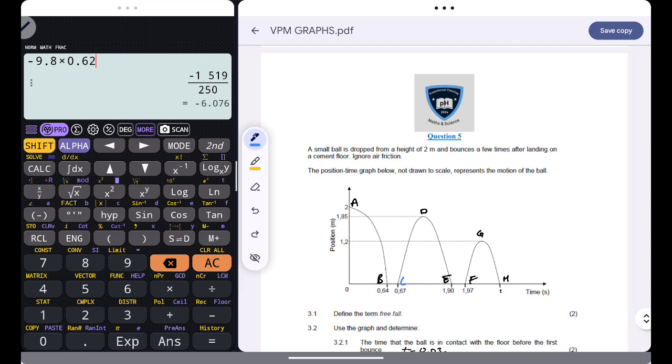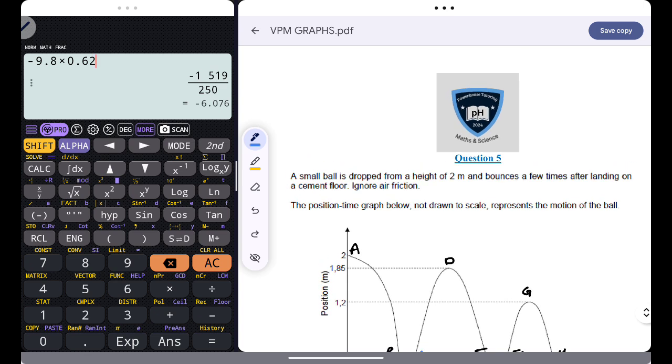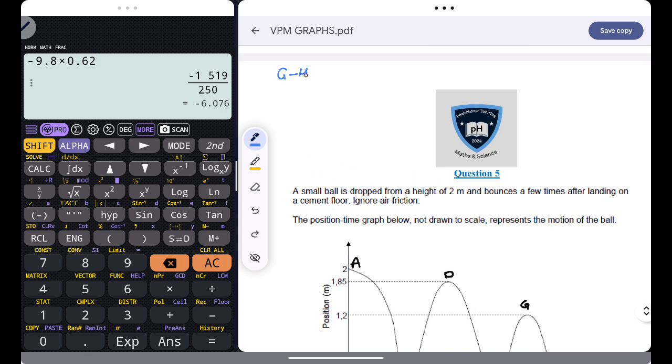If you focus on path GH, from point G to H, the initial velocity at point G, the ball was at maximum height, so 0.0 meters per second. Final velocity, when the ball is at the ground, I don't know the velocity of the ball, and that's what I'm looking for, because it will help me to find the time at position H. Now, what else do I know?